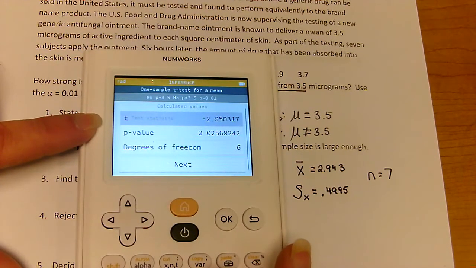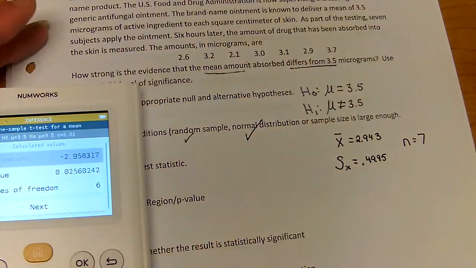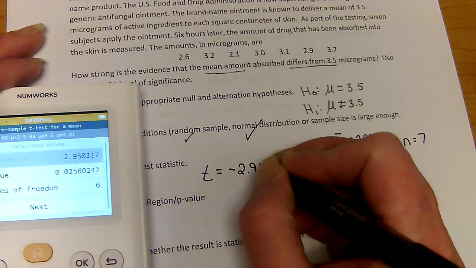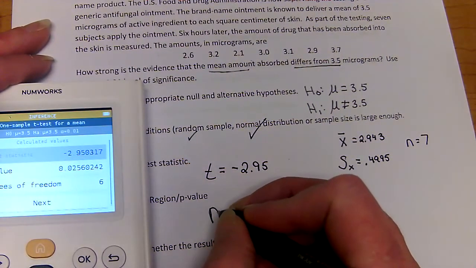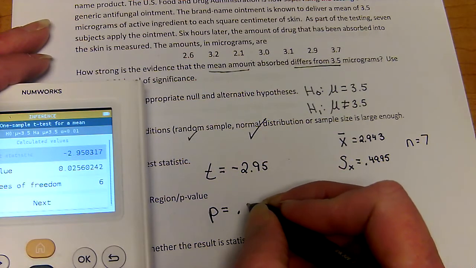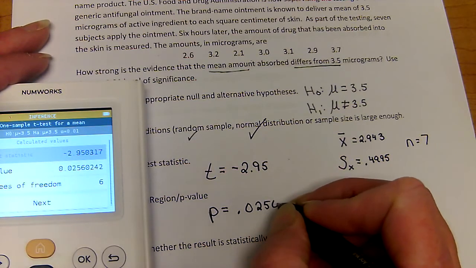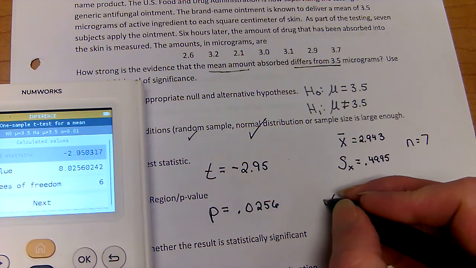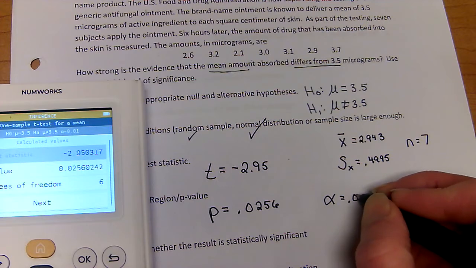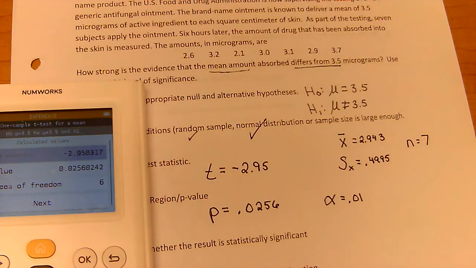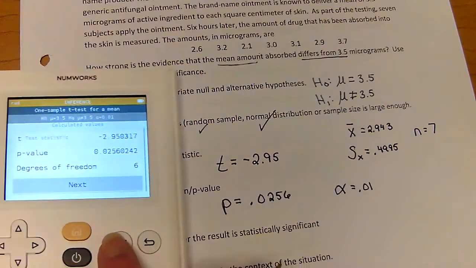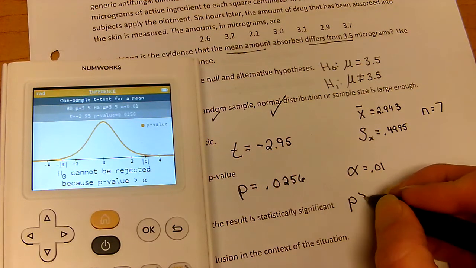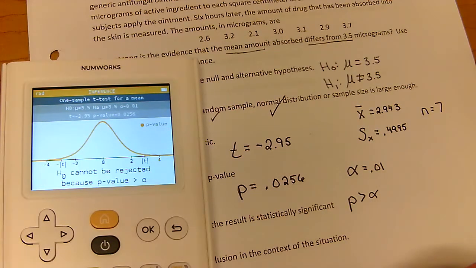This time, my test statistic is a T. So my test statistic is a T-score. And that seems like a pretty big number. Let's see if it's big enough. Our p-value needs to be small, but is it small enough? If I compare that p-score to my level of significance of 0.01, is it small enough? Well, let's see what the calculator says. Nope, not small enough. P is bigger than alpha, so we cannot reject the null.